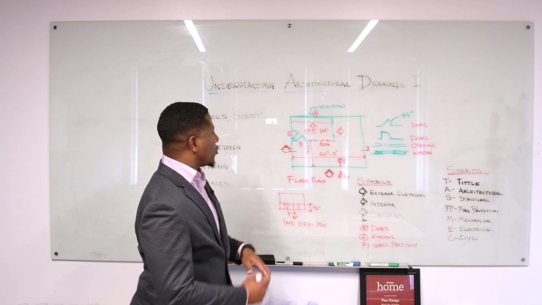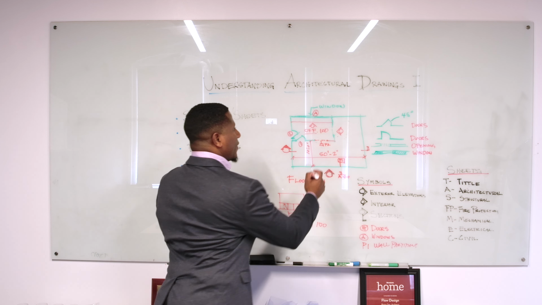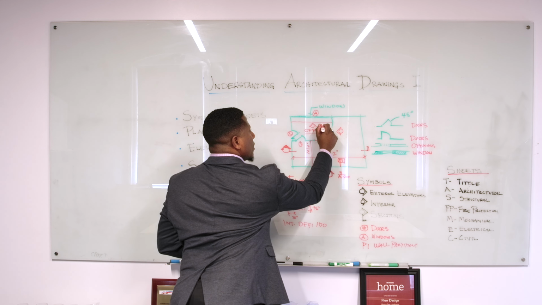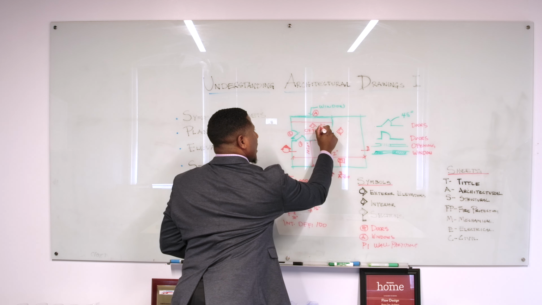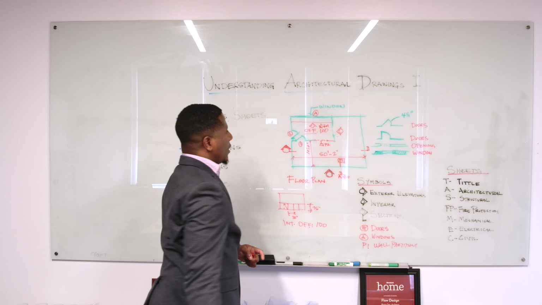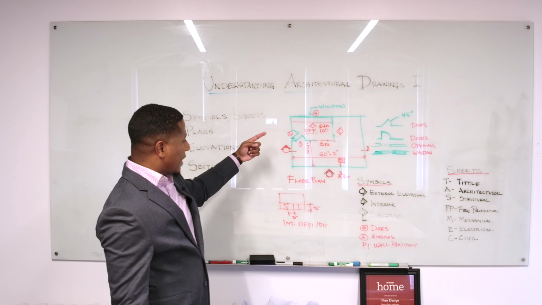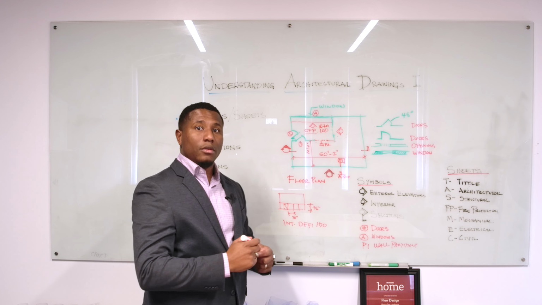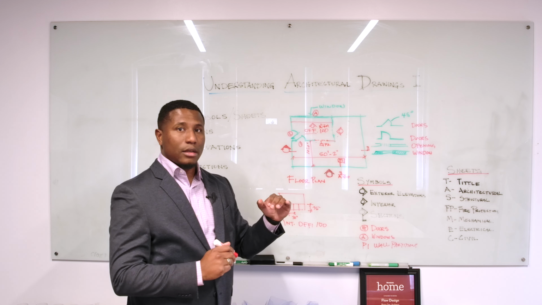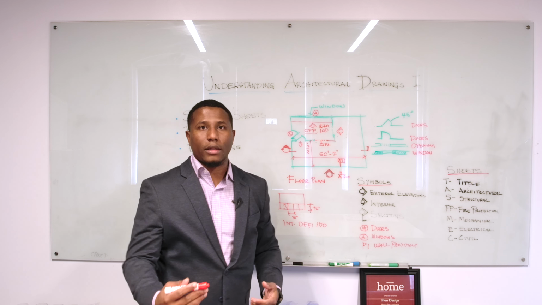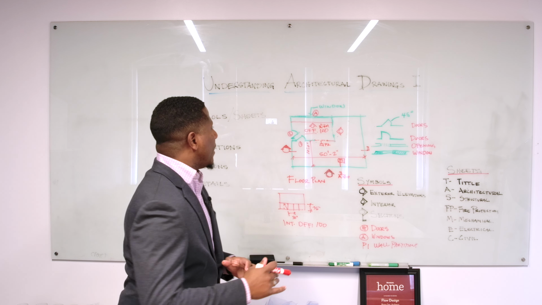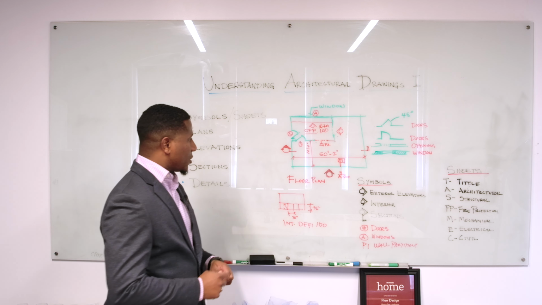The symbol tells you, oh, you know what? This elevation is located at elevation 1 at, let's say, 601. So this interior elevation is located at architectural sheet 601, and it's elevation number 1. So it's very important that you pay attention to these items.